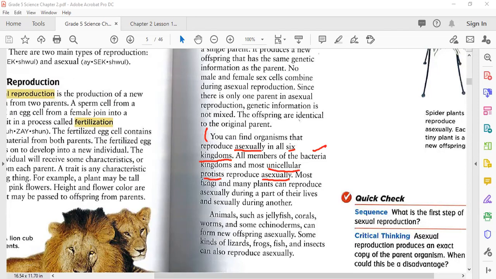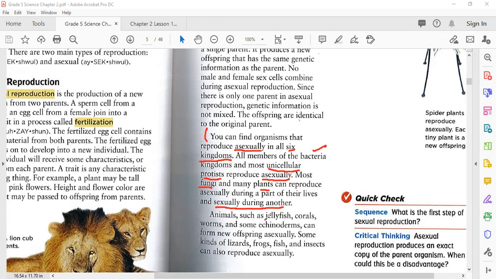Understand? Most fungi and many plants can reproduce asexually during a part of their life and sexually during another. So it is mentioned that this type of reproduction is present in all 6 kingdoms.